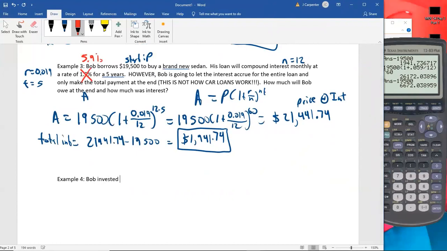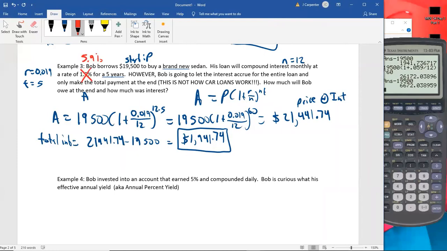Bob invested into an account that earned 5% compounded daily. Bob is curious, his effective annual yield, aka the annual percent yield.